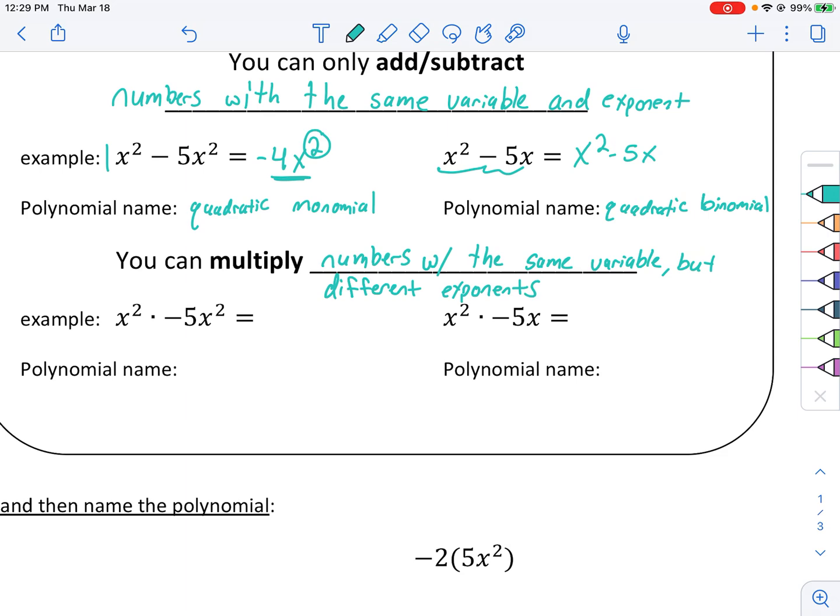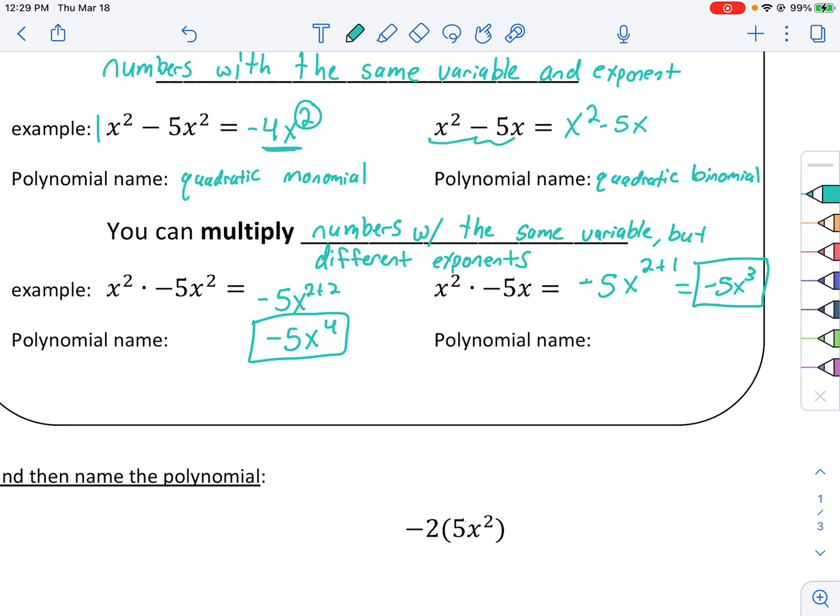So x squared times negative 5x squared would give us negative 5x to the 2 plus 2, which is negative 5x to the 4th. In this other instance, x squared times negative 5x would be negative 5x to the 2 plus 1, which gives us negative 5x cubed.